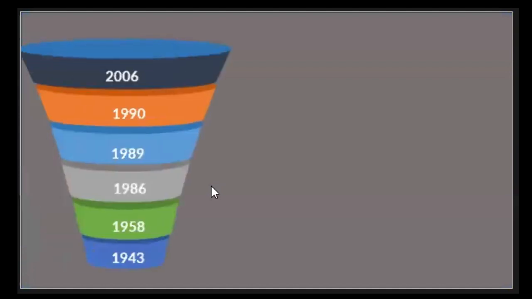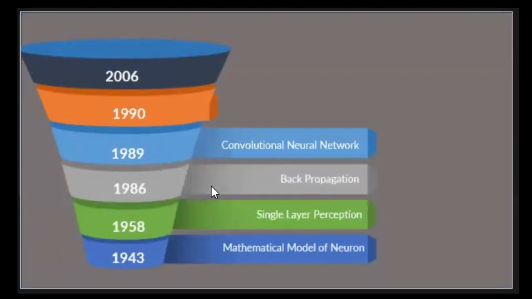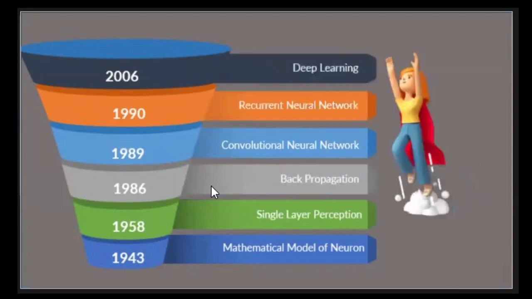All right. Now let's break these areas down into certain sections. 1943, the mathematical model of the neuron; they didn't finalize it, but they started initiating. In 1958, the single layer perceptron model. We will learn what that means today.